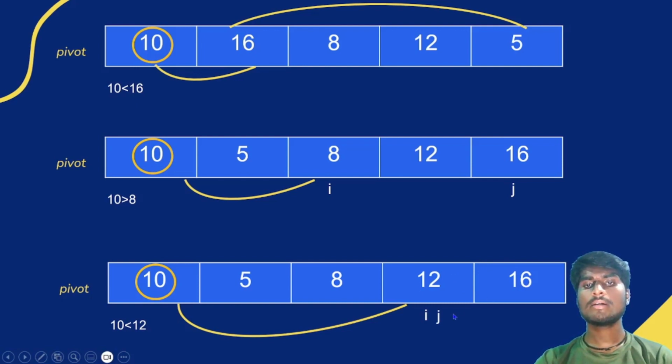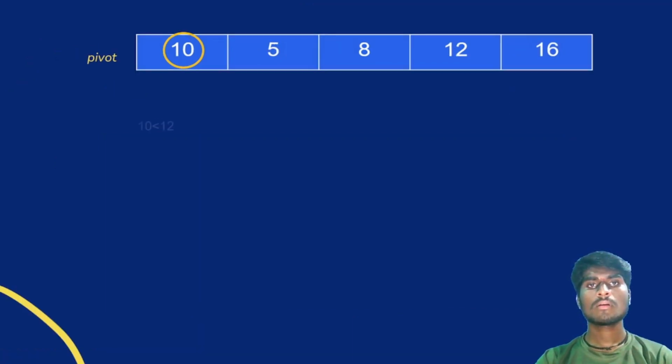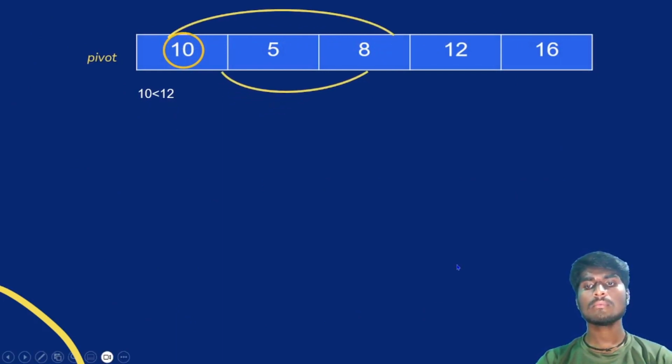Then we need to increment j, but here j and i are in the same position, so we can't swap with the pivot element either, because 12 is more than 10. So we need to move j towards the left, to the element 8. Here you can see that j has moved to 8.